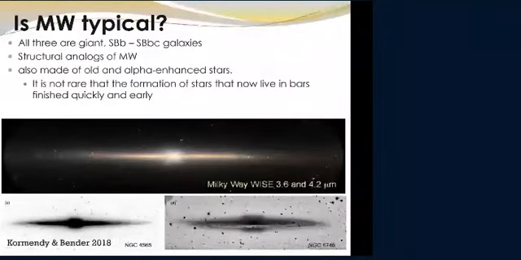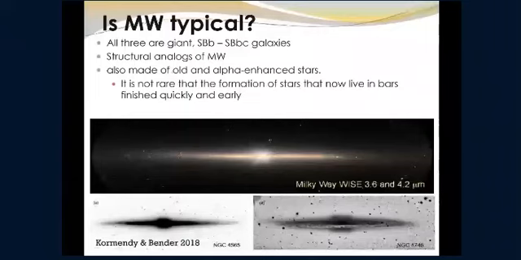And this is the Milky Way compared to two other external galaxies, and they look very similar. These galaxies' bulges are also made of very old and alpha-enhanced stars. So it's not rare that the formation of the stars that now live in bars finished quickly and early.